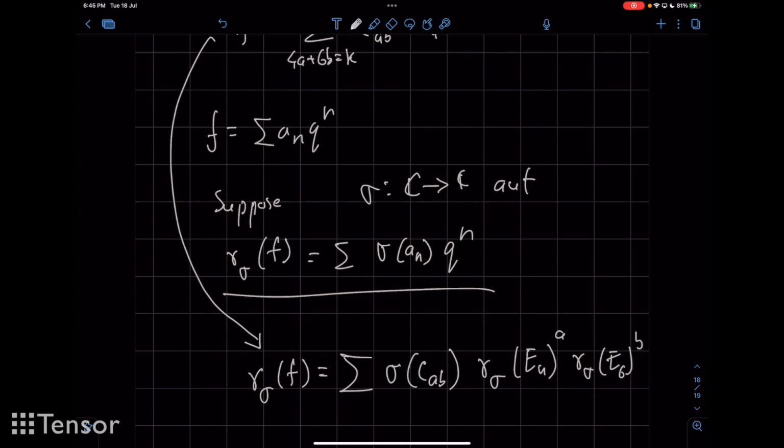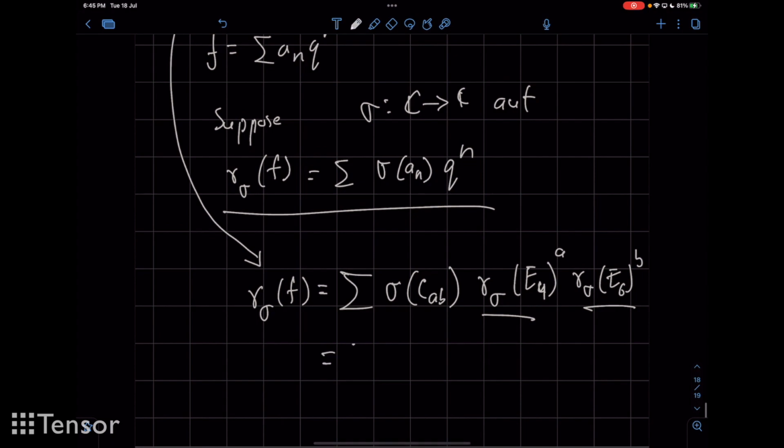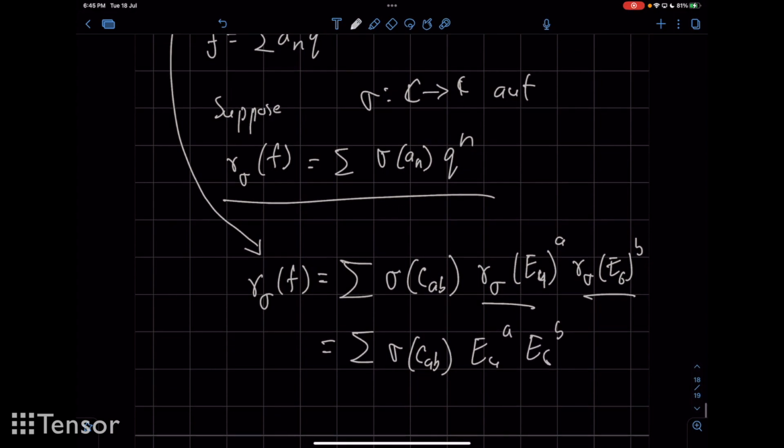And if you remember, the coefficients of the q series of E4 and E6 were all integers, in particular rationals. So R sigma doesn't really change E4 and E6, because field automorphisms don't change rational numbers. So these stay the same, and this is a modular form of weight k. So their sum is also a modular form of weight k.